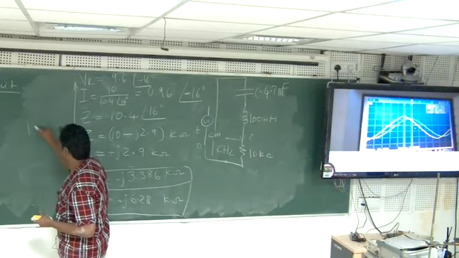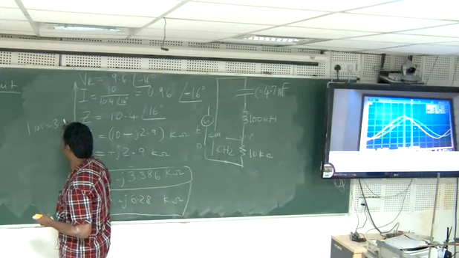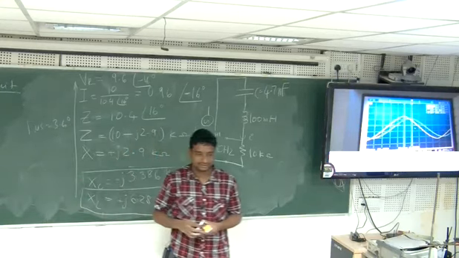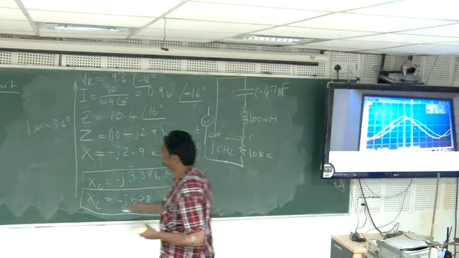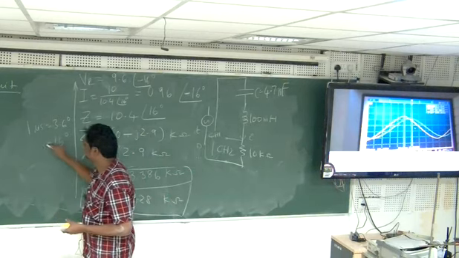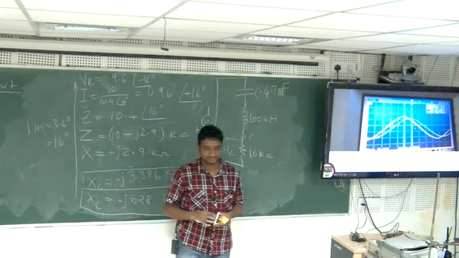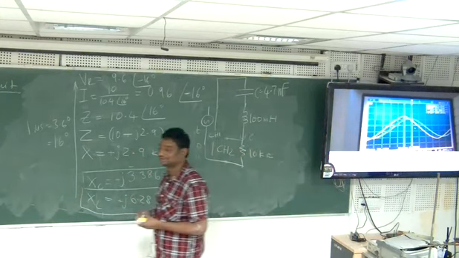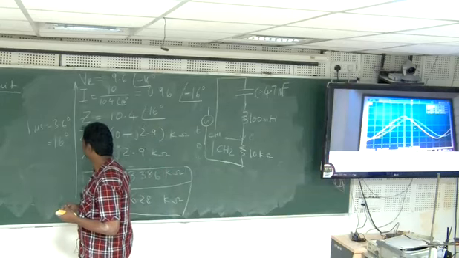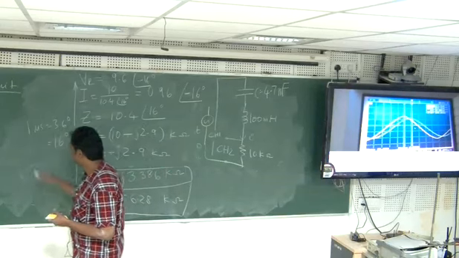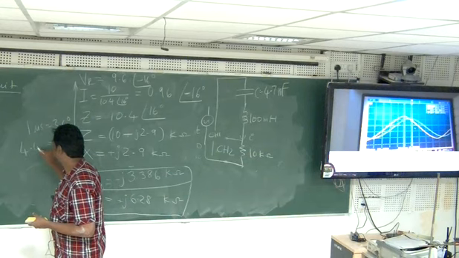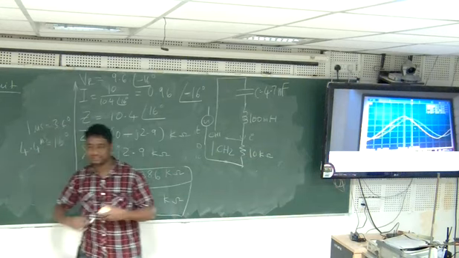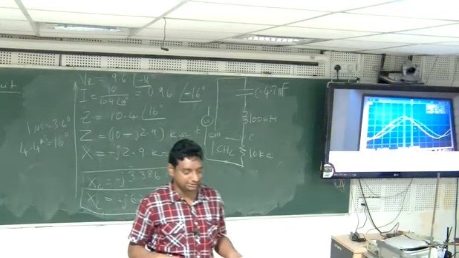We saw 1 microsecond is 3.6 degrees. So how many microseconds will be 16 degrees? So 4.4 microseconds, or approximately 4.5 microseconds.